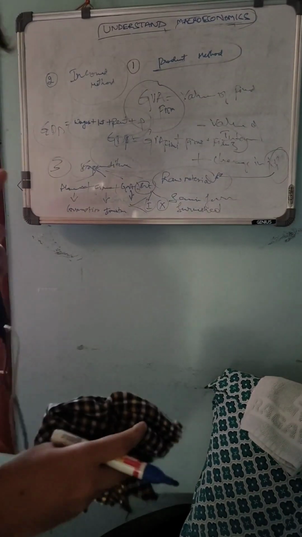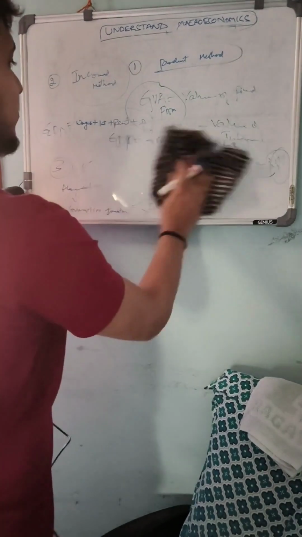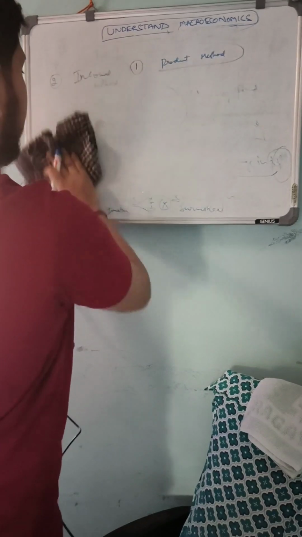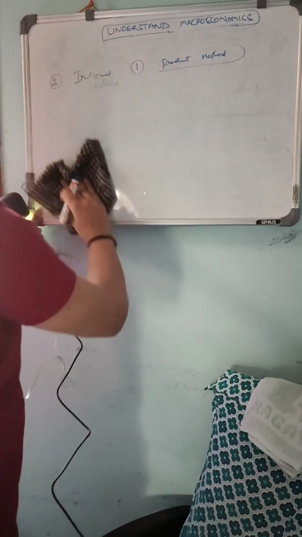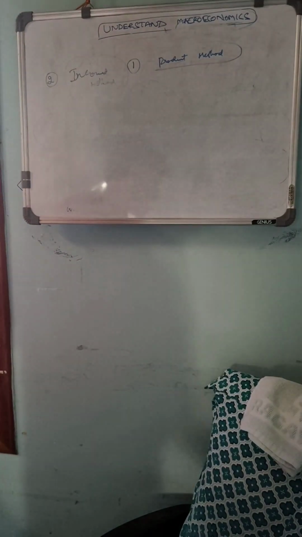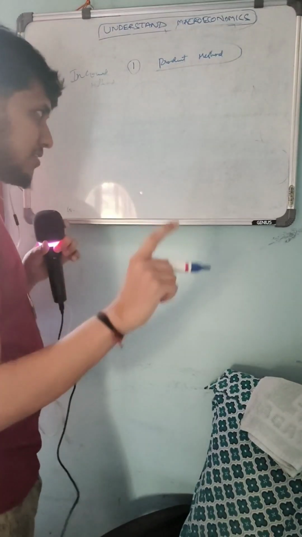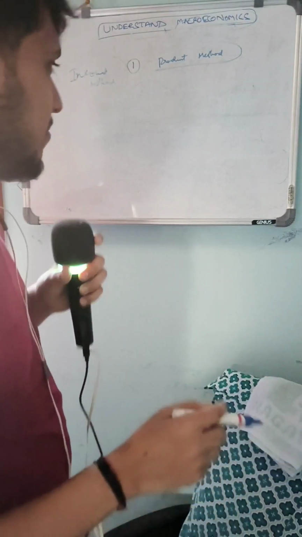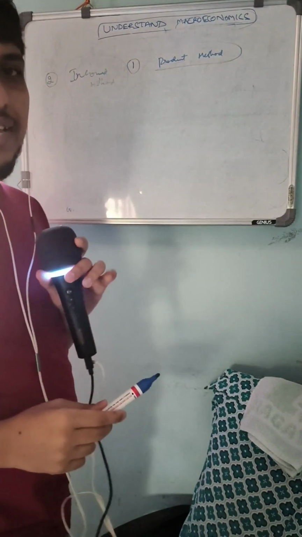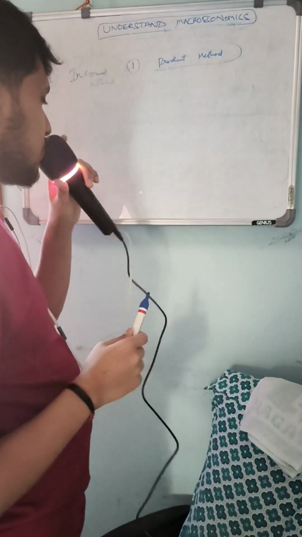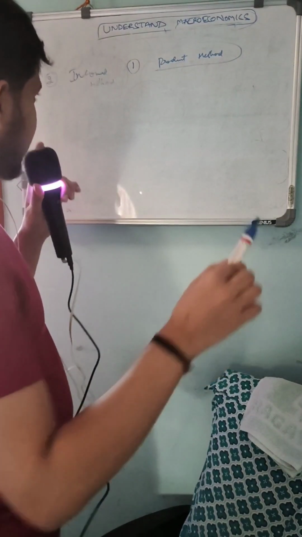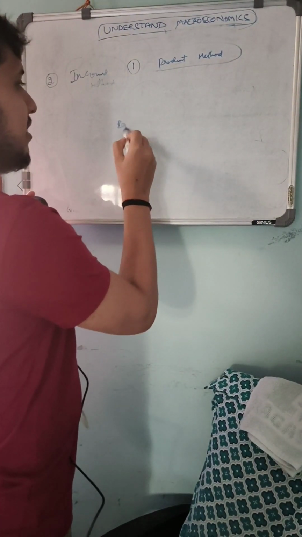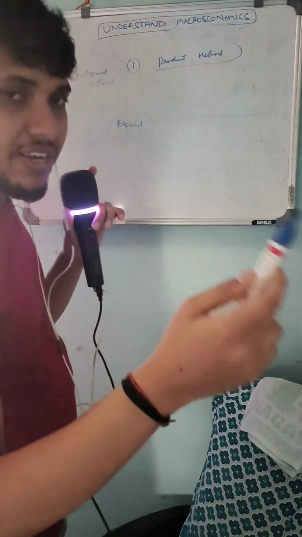Now let me consider another important fact. Somebody's income is somebody's expenditure. Let me consider the expenditure method and household income.